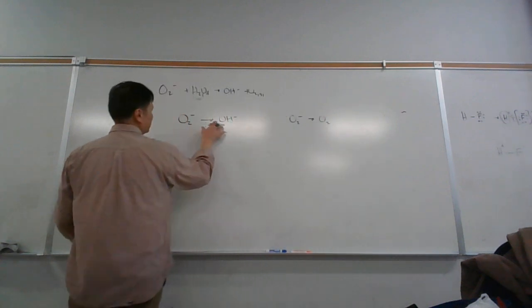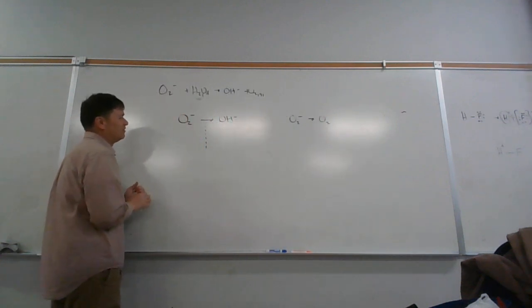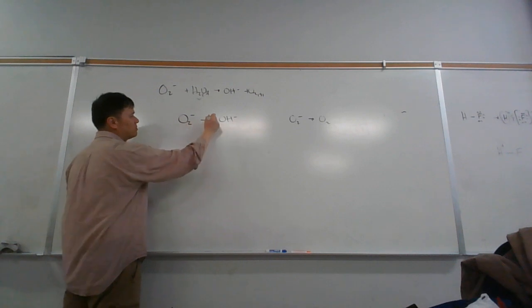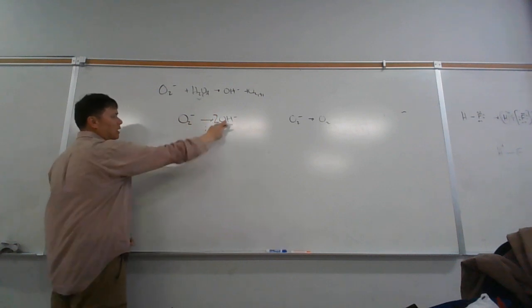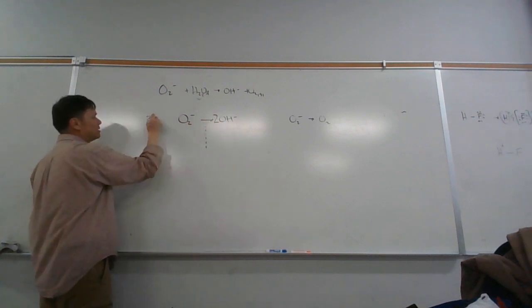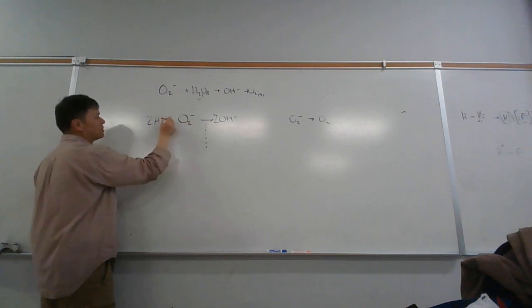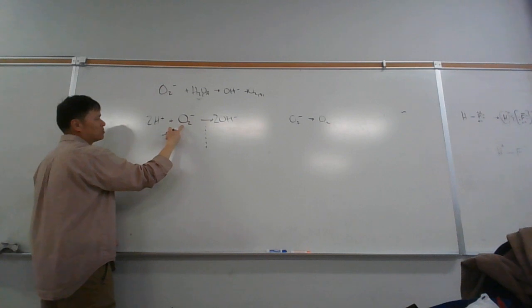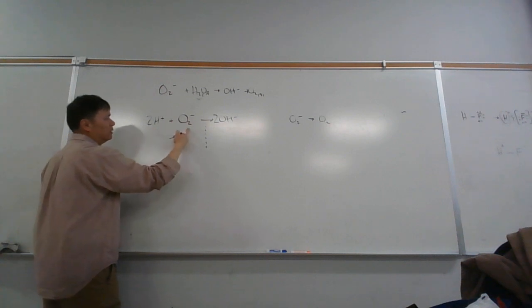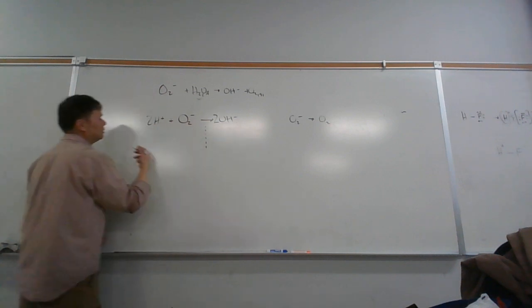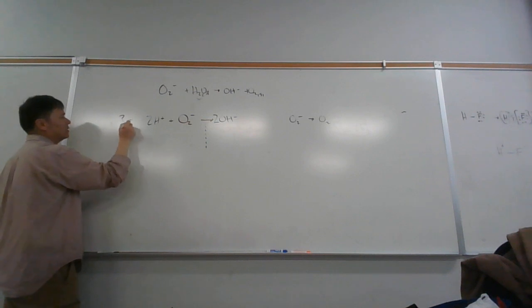So once you do enough of these, then we'll just do it here. 2 oxygens means 2 hydroxides. And then 2 hydrogens means 2H+. And then the charge. +2 minus 1 is +1. This is -2. And so we'll need 3 electrons. -3 plus, is that right?